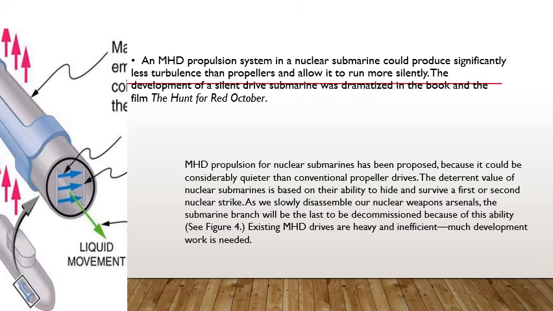Here, an MHD propulsion system is shown. It is a nuclear submarine. This could produce significantly less turbulence than a propeller and allow it to run more silently. The development of a silent drive submarine was dramatized in the book and the film The Hunt for Red October.